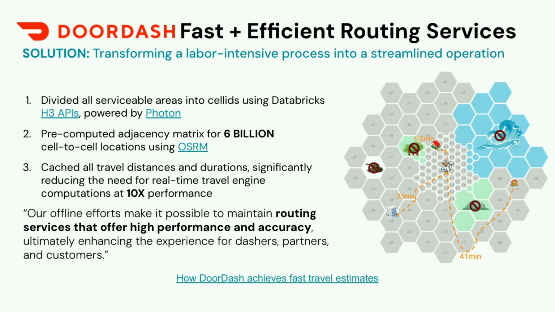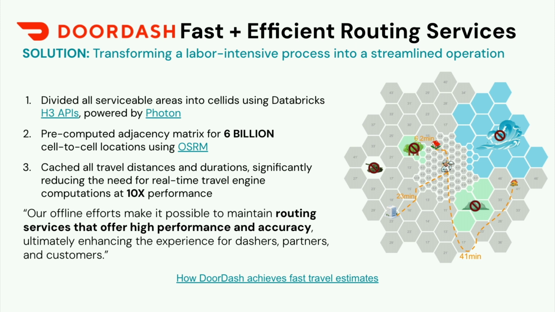that helps us out on Databricks. So they used our H3 APIs, and were able to take all of their serviceable areas and turn that into cell IDs for the point data that goes with the locations. Then they added open source routing machine, and were able to pre-compute an adjacency matrix for what ends up being 6 billion cell-to-cell locations.